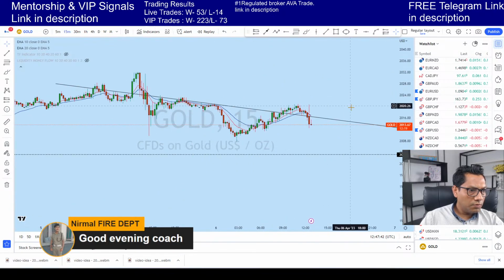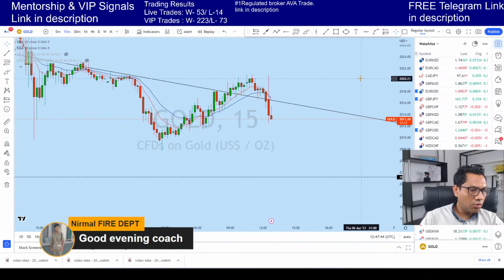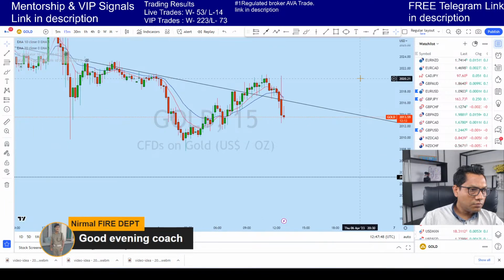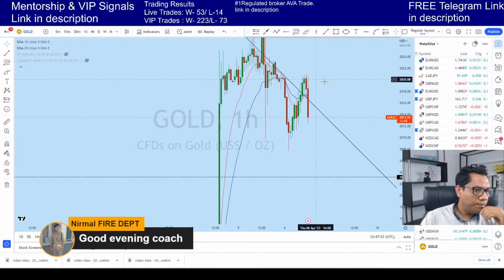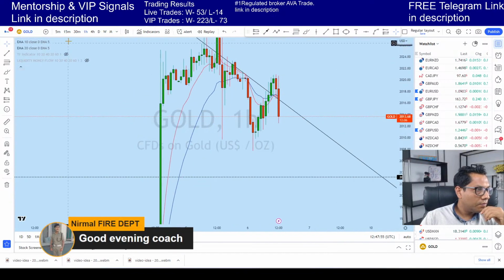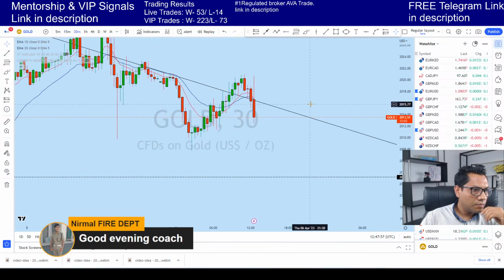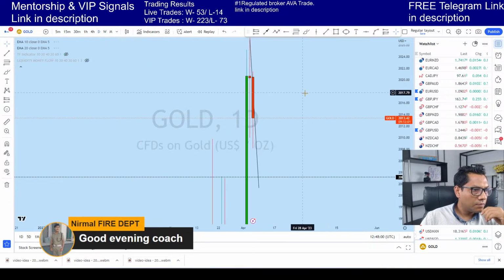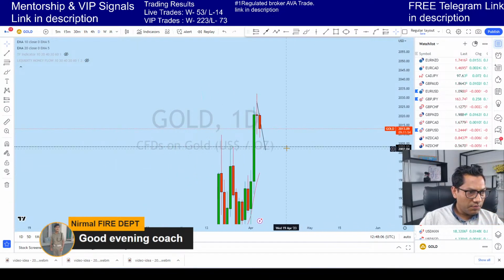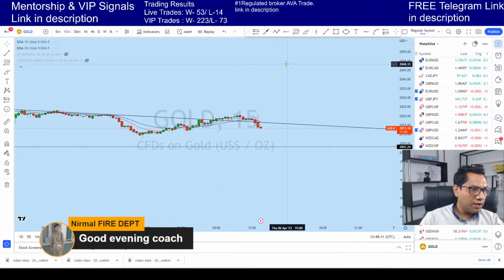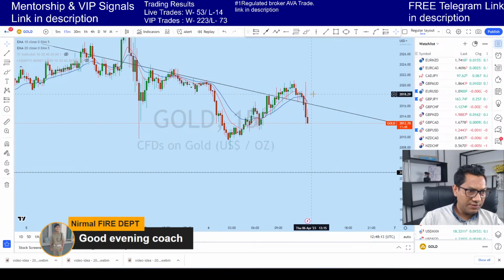For me, gold, you can see there is a 15 minutes candle close with a strong liquidity gap from the top. You can see that this is an extremely strong bullish market. Now the signal that we see on the lower time frame is a sell signal.